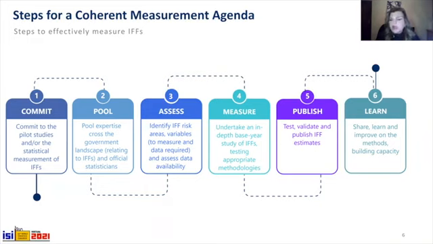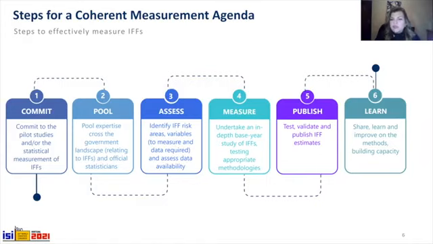And then finally only embark on the measurement process, where you want to take an in-depth base year study of measuring illicit financial flows, testing the various appropriate methodologies. As Boyan had mentioned, it isn't the requirement to try and do as many methodologies as possible, but rather to try one or two that are most relevant.